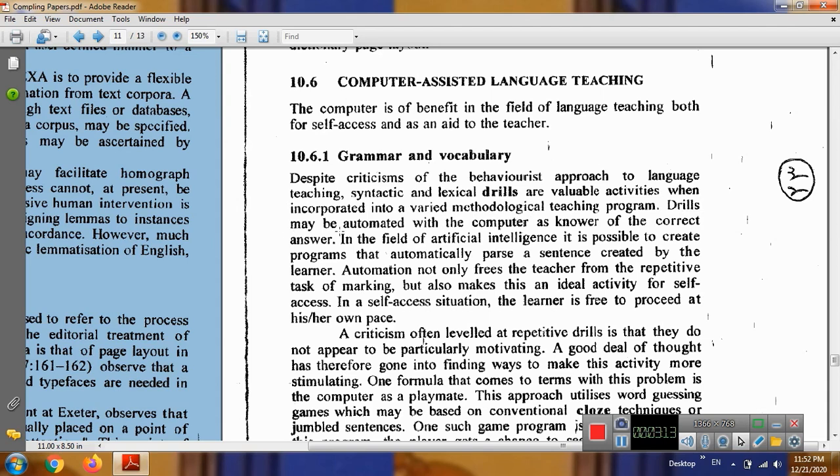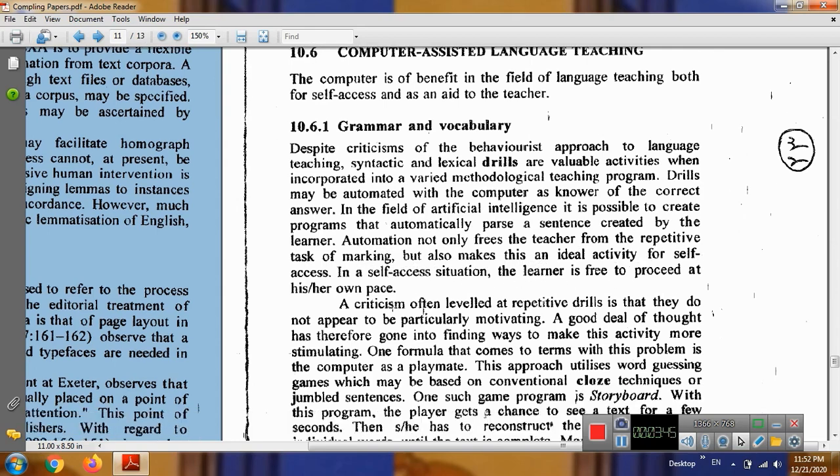Drills may be automated with the computer as knower of the correct answer. In the field of artificial intelligence, it is possible to create programs that automatically parse a sentence created by the learner. Automation not only frees the teacher from the repetitive task of marking, but also makes this an ideal activity for self-access.